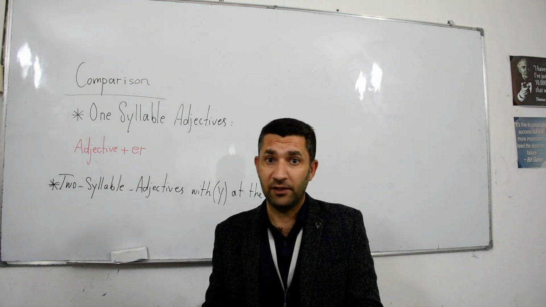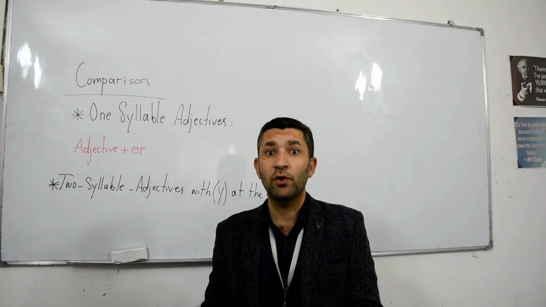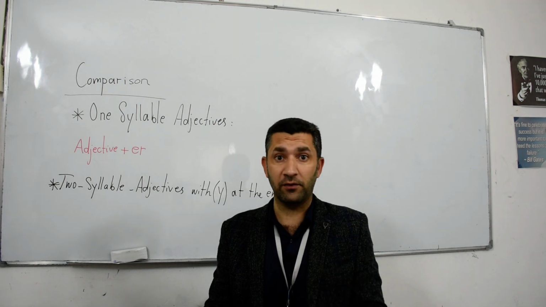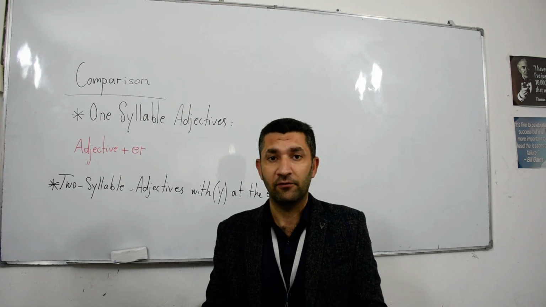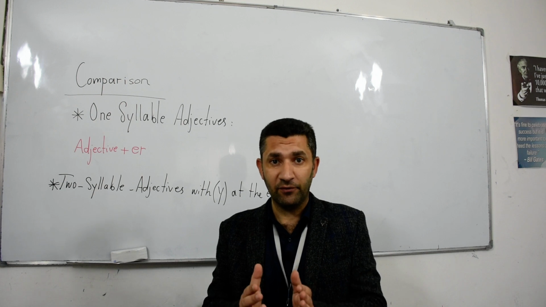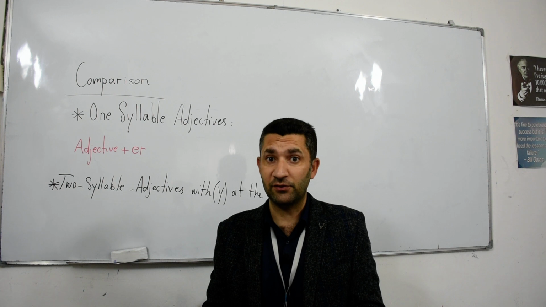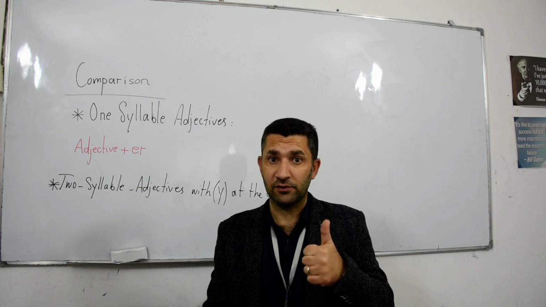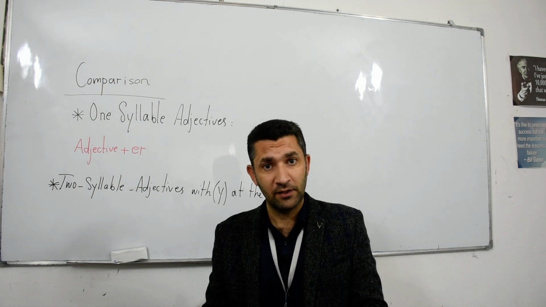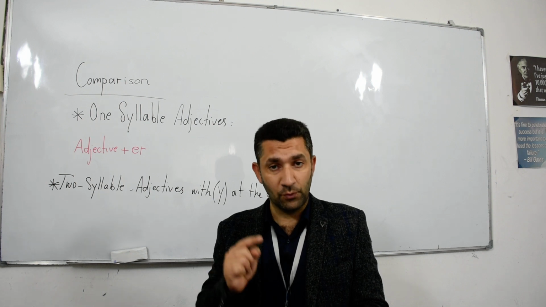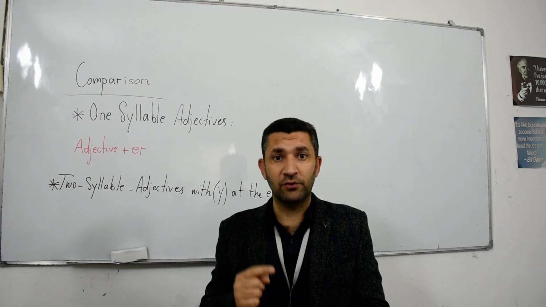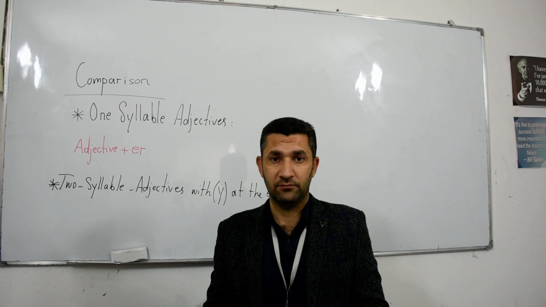It's a word through which we can describe someone or something. For example, if you want to describe this video that you're watching now, you can say, this video is nice. So the word nice is an adjective, a word you use to describe this video.